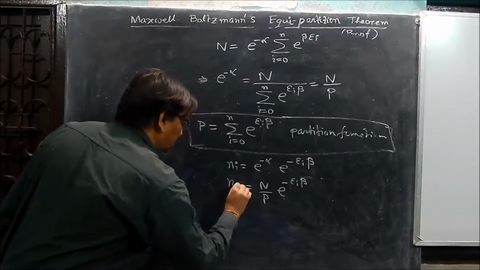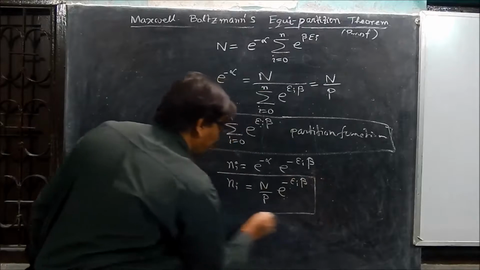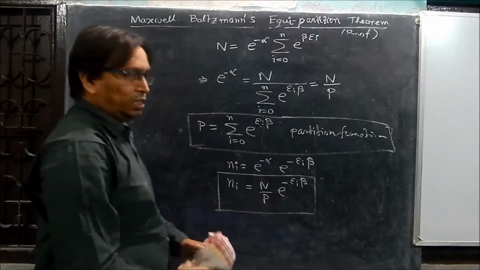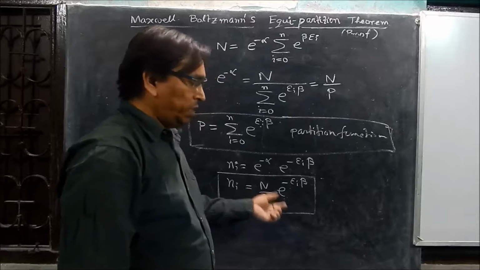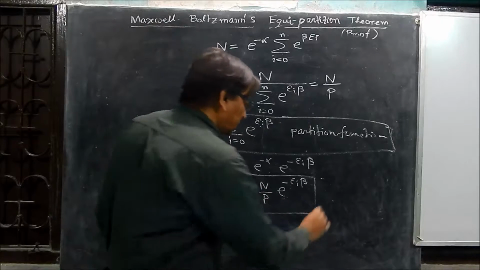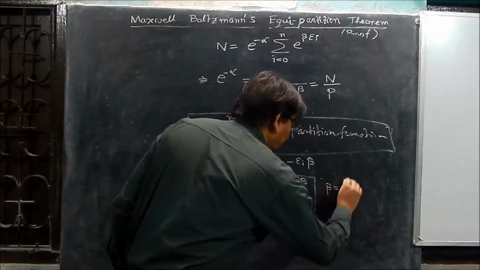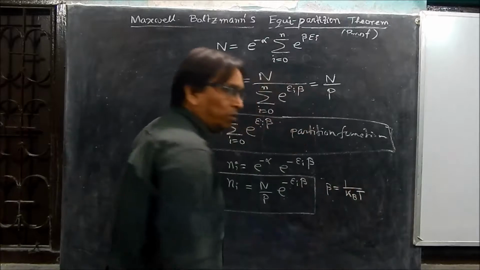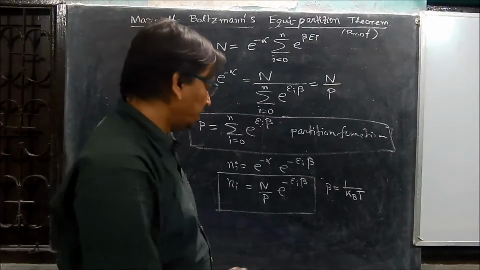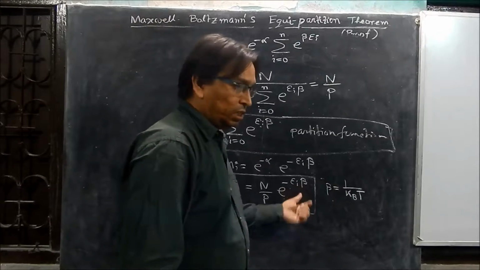So this is the number of particles, and this is one of the solutions. Later he classically found that beta is equal to 1 by kT. We will find this value through quantum statistics, and later he put this over here.